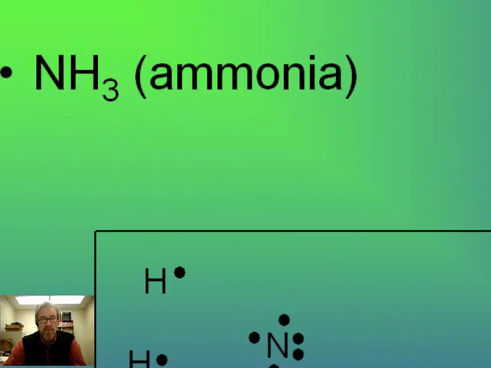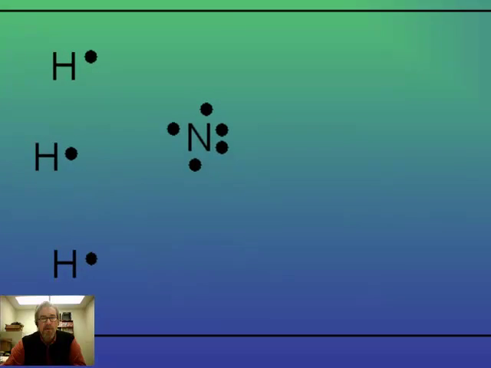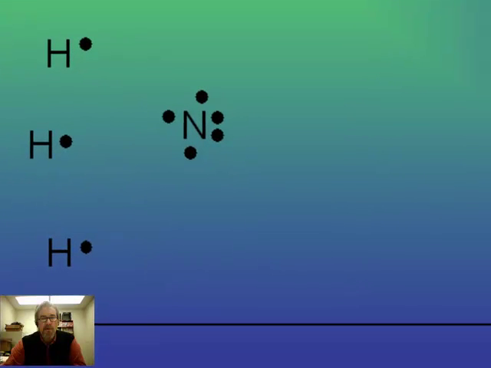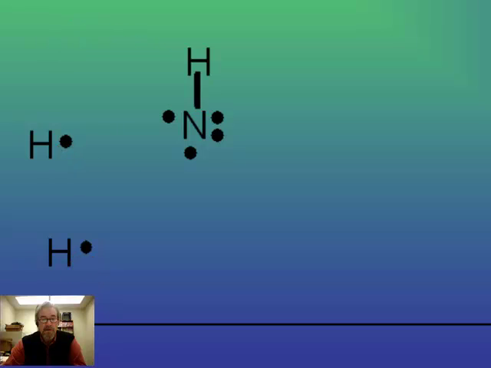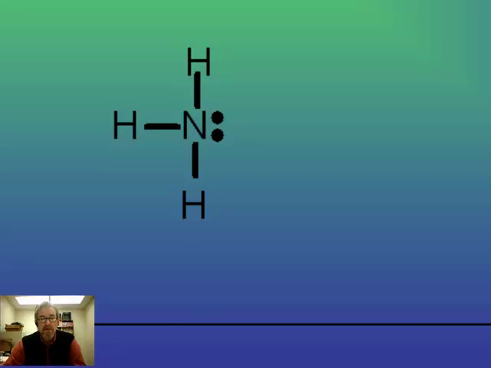Here's ammonia. Ammonia is one nitrogen bonded to three hydrogens. You can see by looking at the nitrogen that it needs to share in three spots. The hydrogens each need to share in one spot, so the natural process is that these hydrogens are going to share their single electron with the lone electrons in nitrogen and make this molecule.